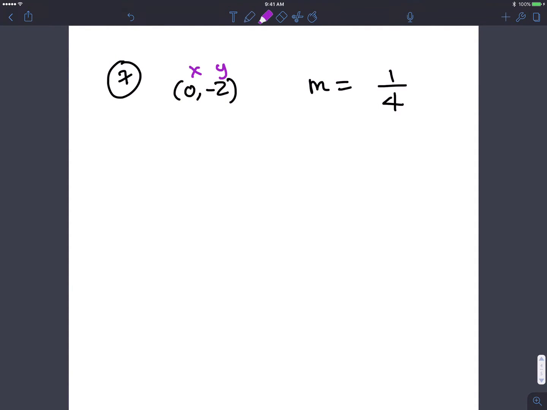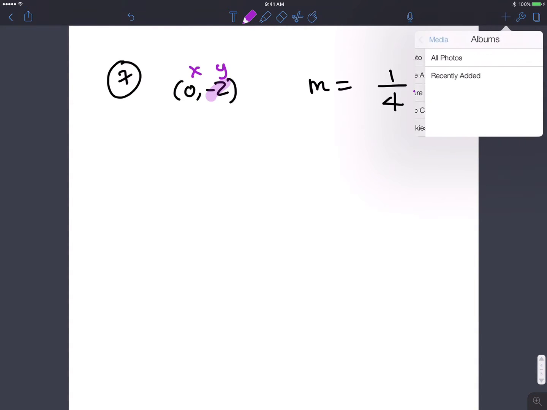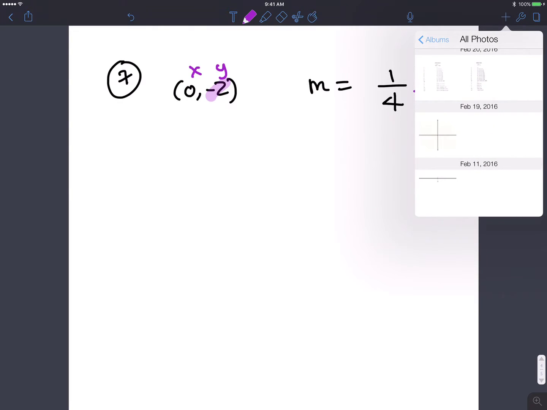Notice our y-intercept is at -2, X is 0, so there's no movement left or right. We're at -2 on the y-axis. We have a rise over a run. They're both positive. So we're going to go up and we're going to go to the right. We need a graph.